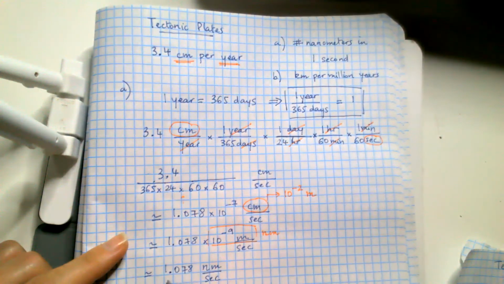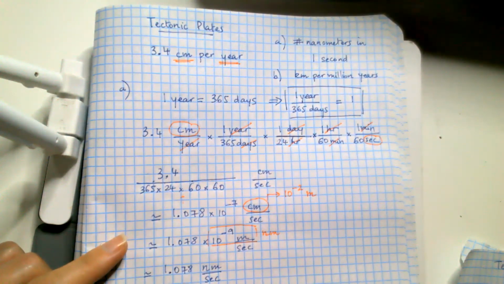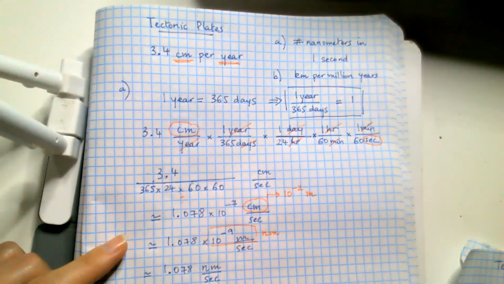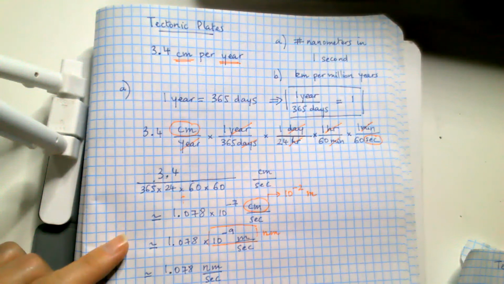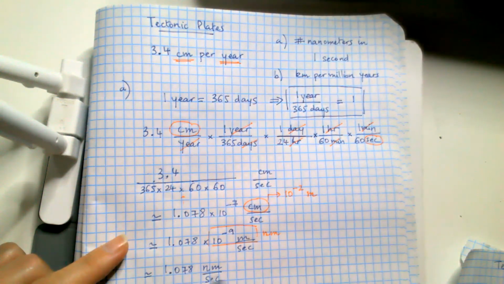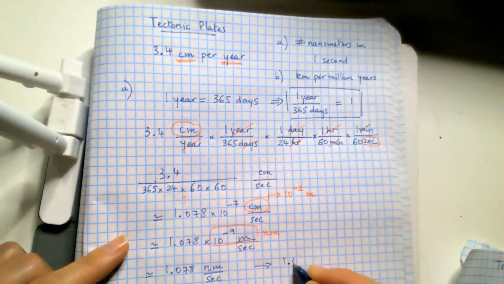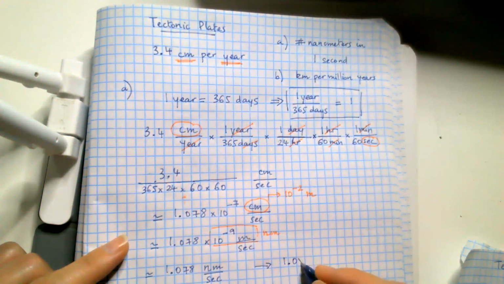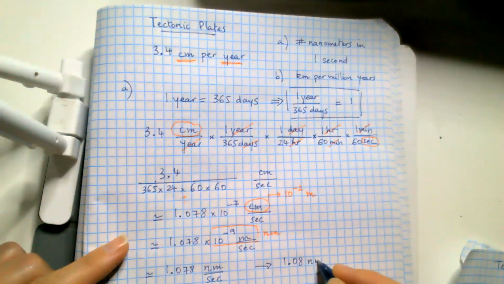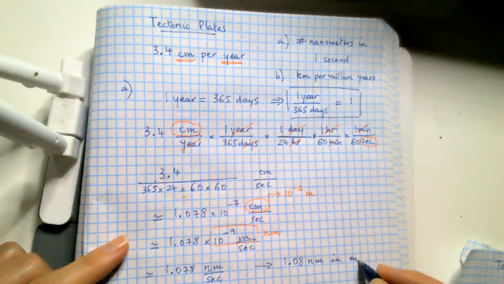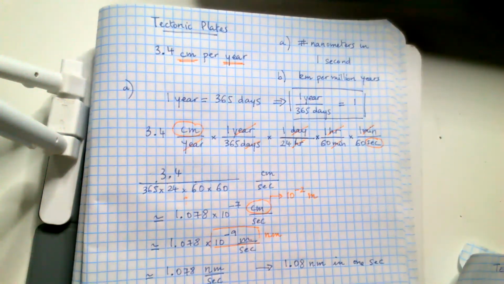So that is your answer. You probably don't need to keep so many significant figures, so you could probably round this to 1.08 instead. So in your final answer, this would correspond to about 1.08 nanometers in 1 second.